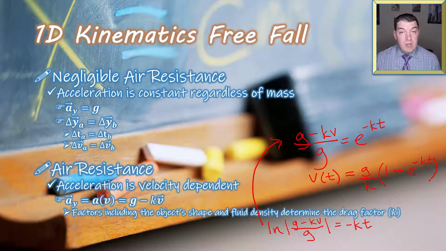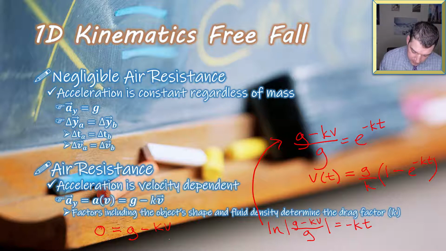Mathematically, this actually makes a lot of sense for several reasons. One is we notice the terminal velocity is when the acceleration is 0. If we look back at our acceleration function, what we're saying is when will 0 equal g minus kv?